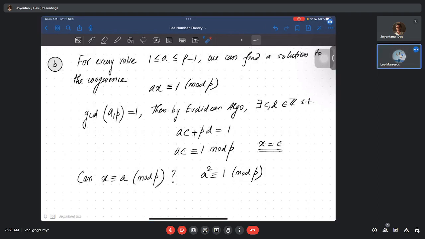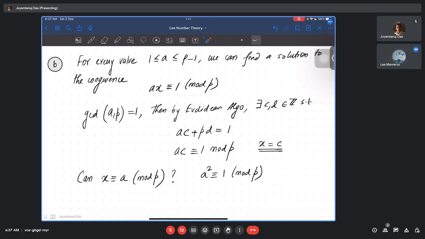Because I'm just putting x equals a, you can divide on both sides by a. How will you divide? If you have x equivalent to a, and then let's say x equals a squared... But x equals a squared we are not having; we are just taking x equals a. x equals a is a solution if and only if, when I substitute x equals a here, this should hold true.